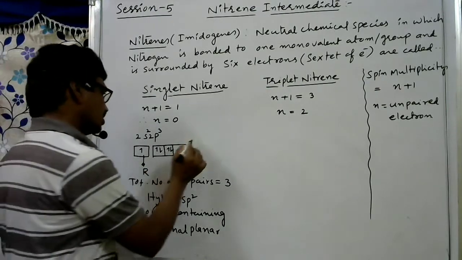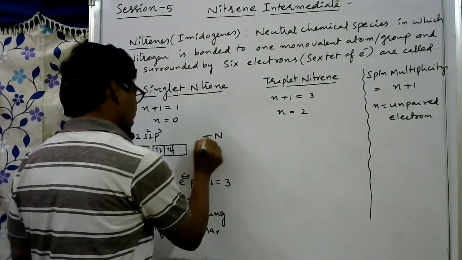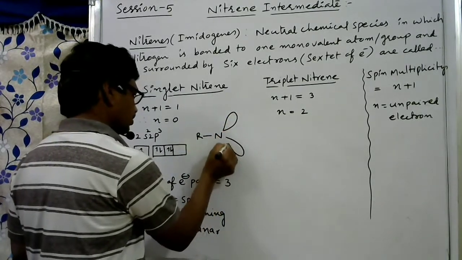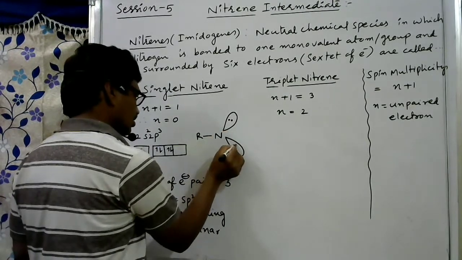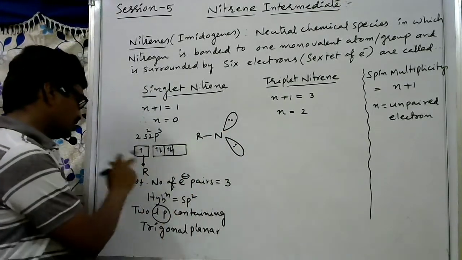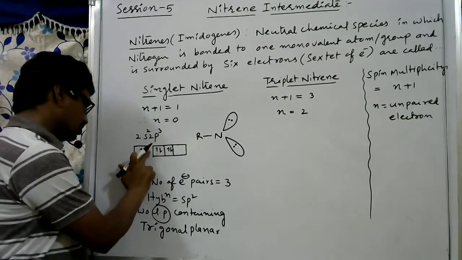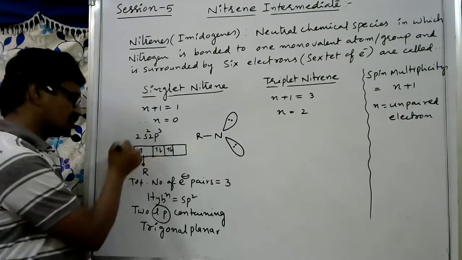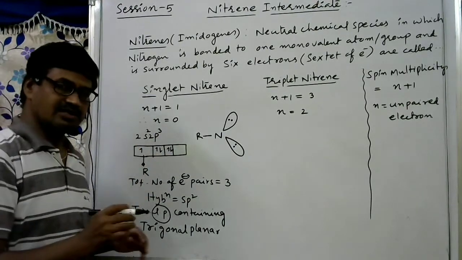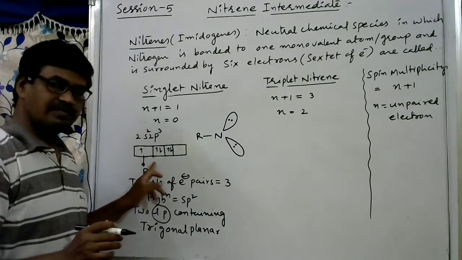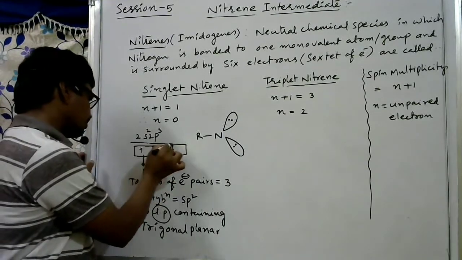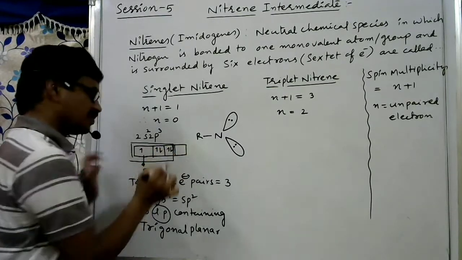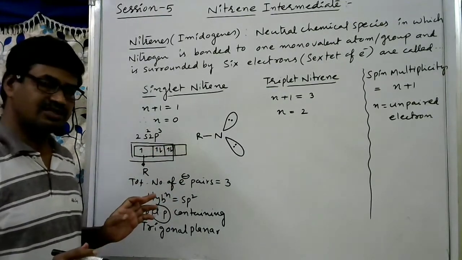For this we can draw a structure like this. N, with one R. This is one sp2 hybrid orbital, this is another sp2 hybrid orbital, and here two electrons are present. After intermixing one s orbital and two p orbitals, there is one more orbital, which is unhybridized, a pure orbital.